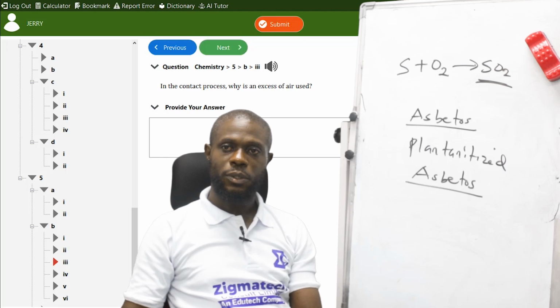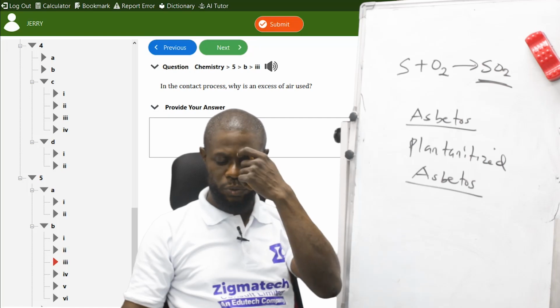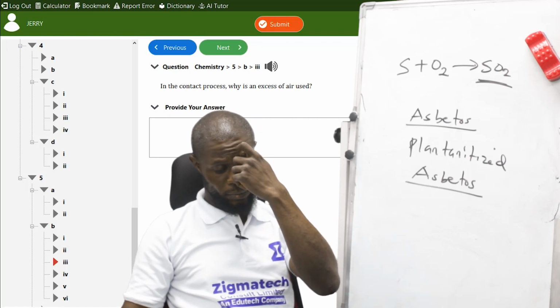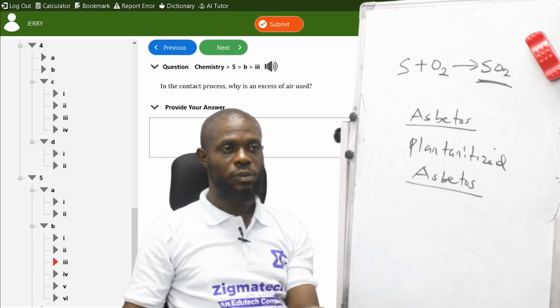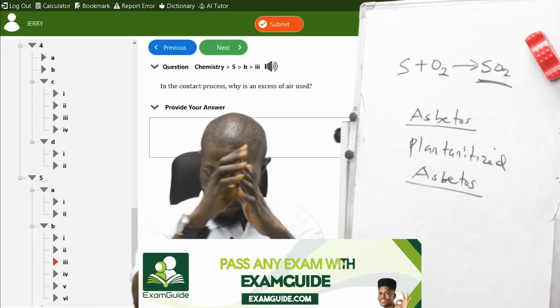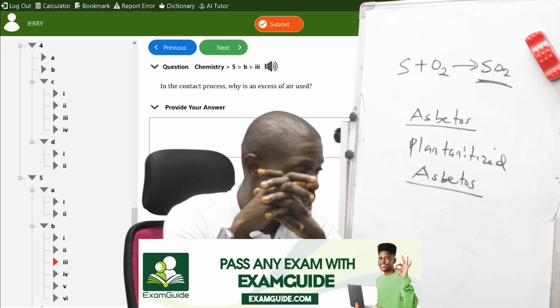In the contact process, why is an excess of air used? It's simple.